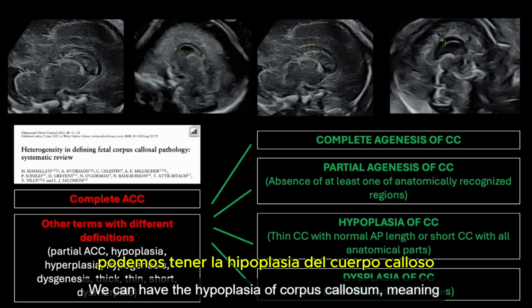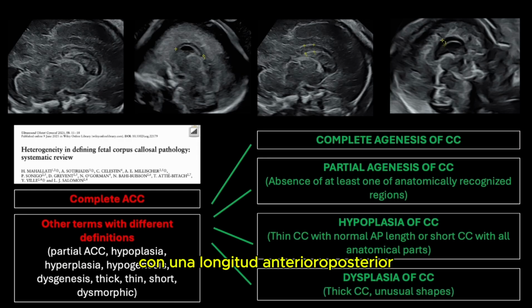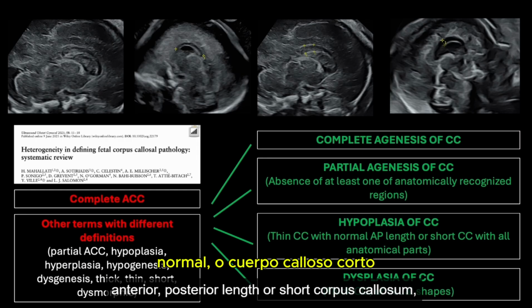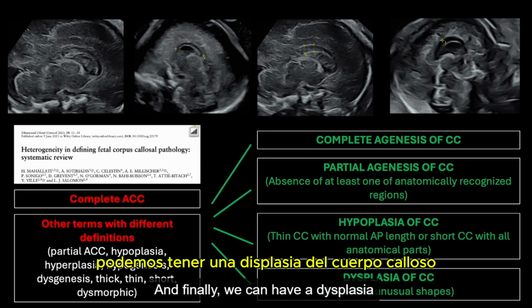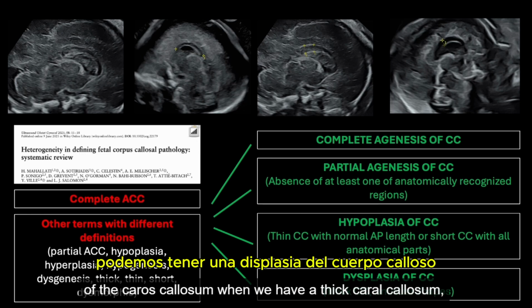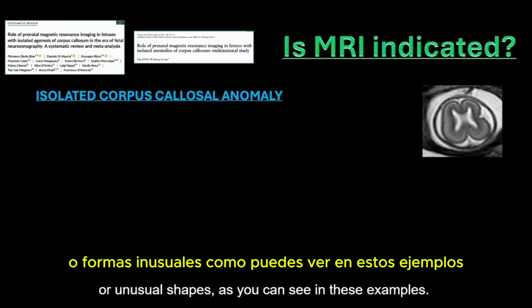We can have hypoplasia of the corpus callosum, meaning a thin corpus callosum with a normal anterior-posterior length, or a short corpus callosum but no anatomical parts missing. And finally, we can have a dysplasia of the corpus callosum when we have a thick corpus callosum or unusual shapes, as you can see in these examples.